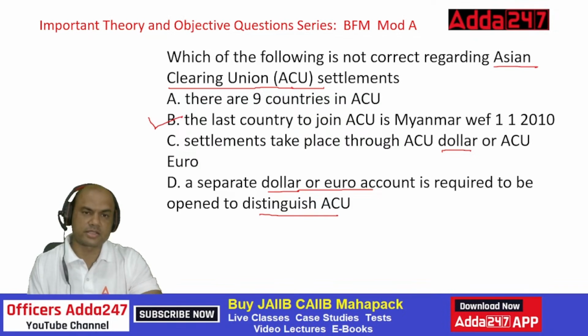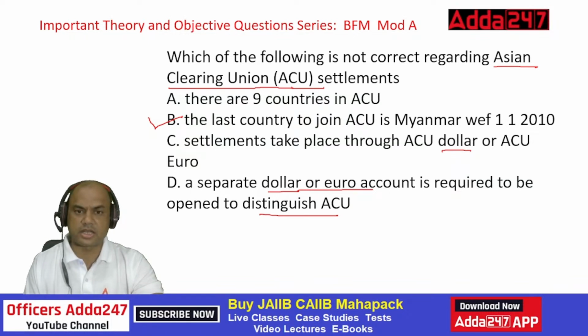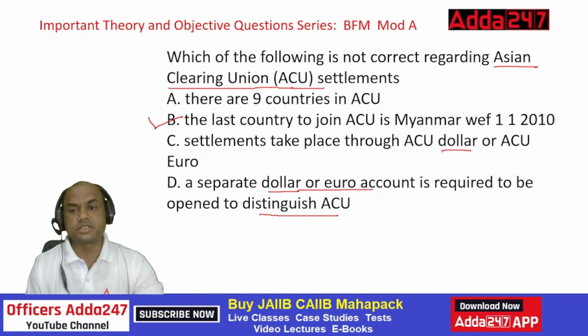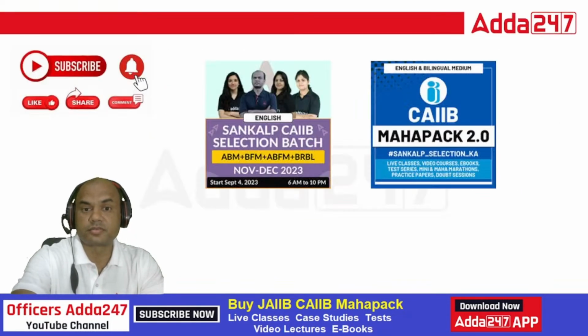That is not the correct answer. It was not in 2010. So that's why this is a wrong answer. Remaining everything is correct. There are 9 countries in the ACU. Settlement takes place through ACU dollars. A separate dollar or euro account is required to be opened. So that is also right. So all these A, C and D are right. Only B is the wrong answer.